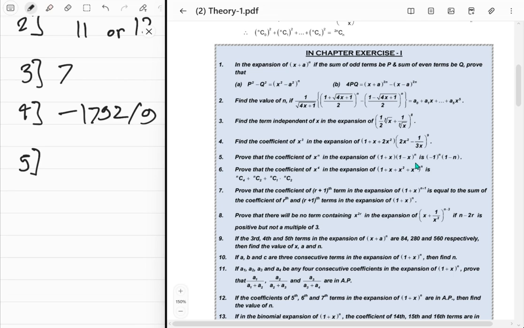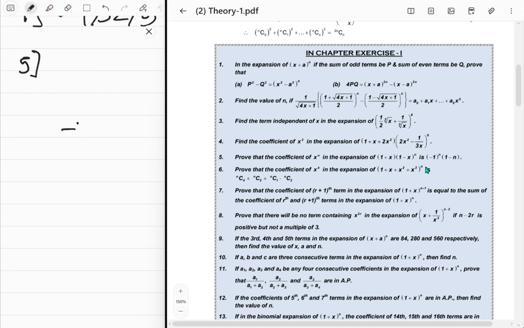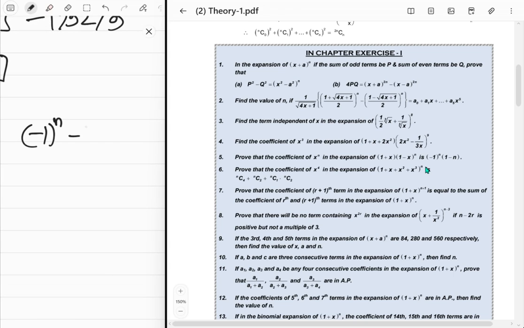The x power n term from here, that times 1, and then the x power n minus 1 term from here, and that times x. So this is a no-brainer really, because the x power n term is just going to have negative 1 power n as the coefficient, nothing else. And then it's nC(n minus 1), which just gives us n anyway. So it's going to be plus negative 1 power n minus 1, and then you've got n.